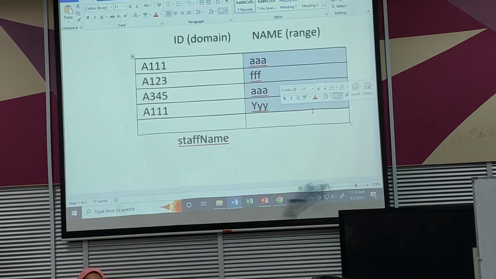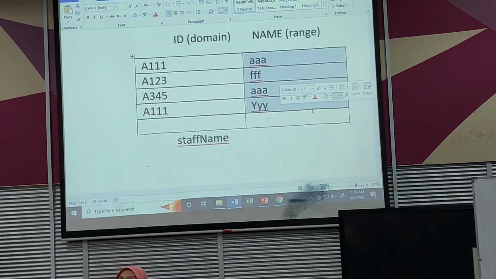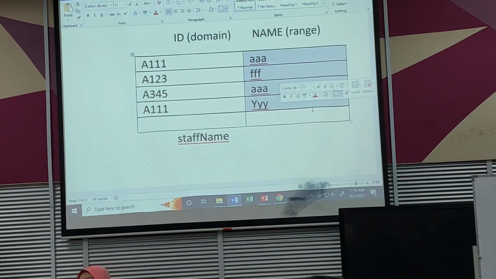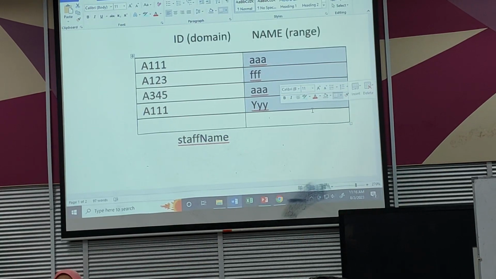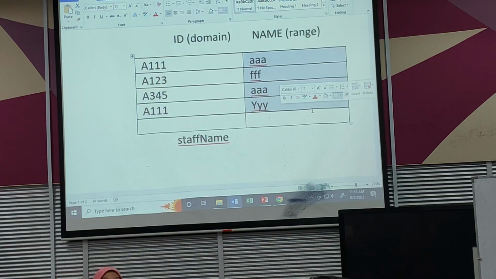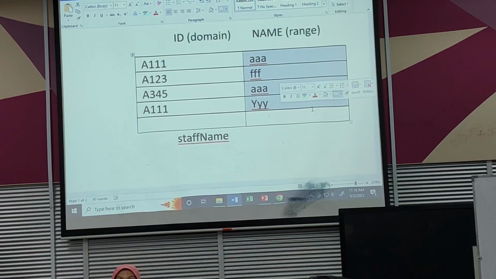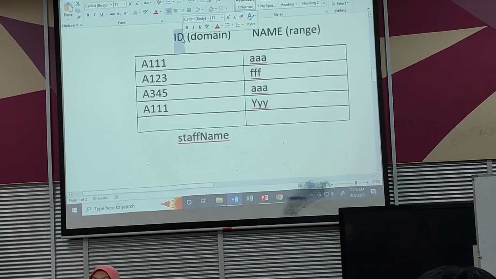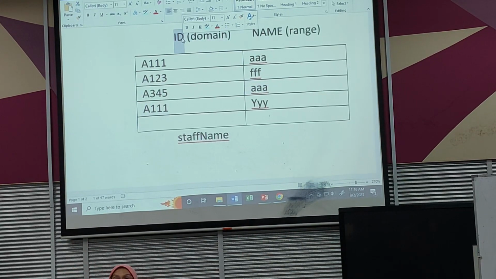So if I want to search, I ask you, do you have ID number A111 inside your staff list or not? You want to search for that data. You can use domain restriction, because I'm asking for the ID, and the ID is the domain. Can you give me the staff name with the ID A111?